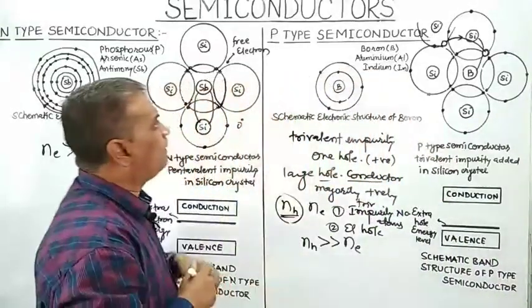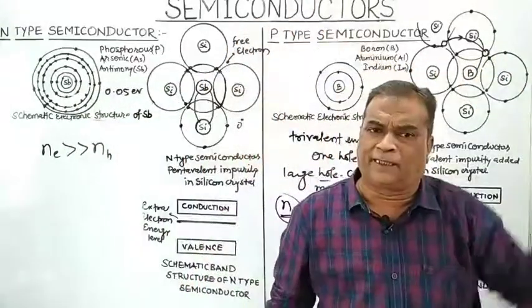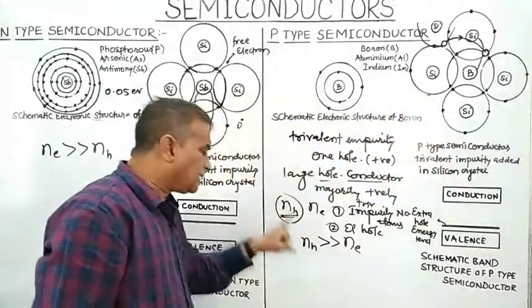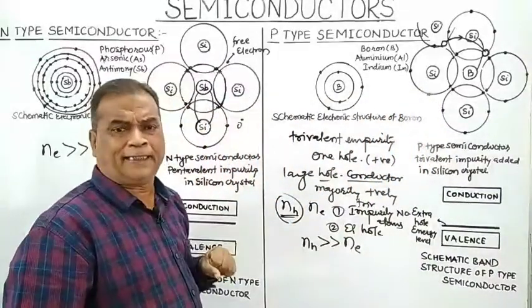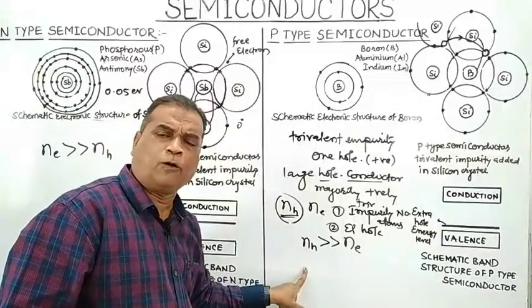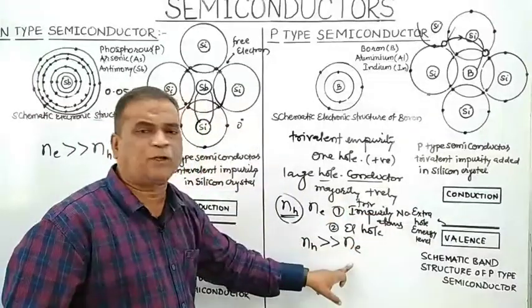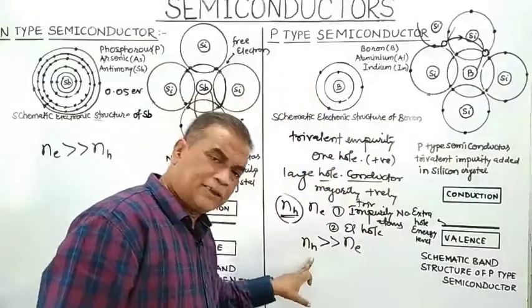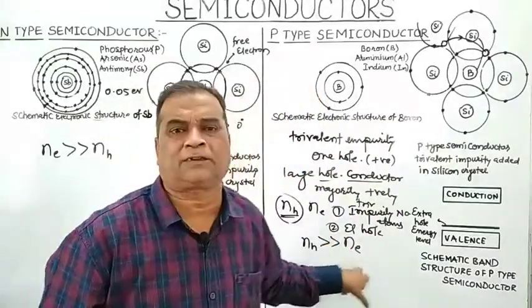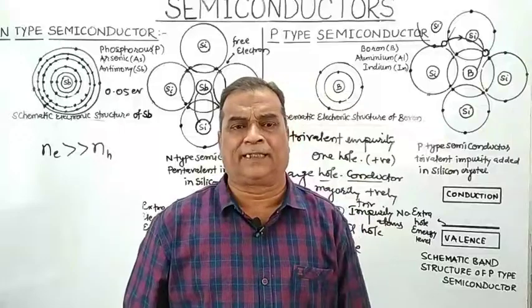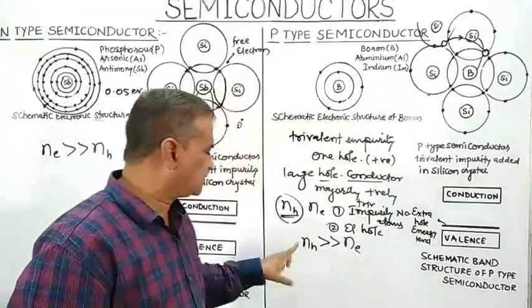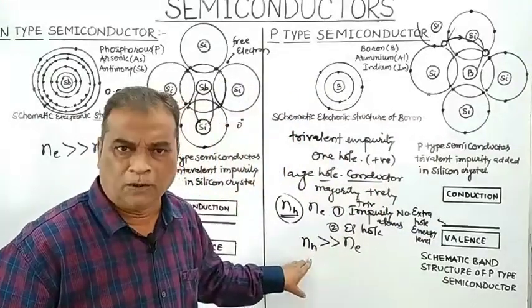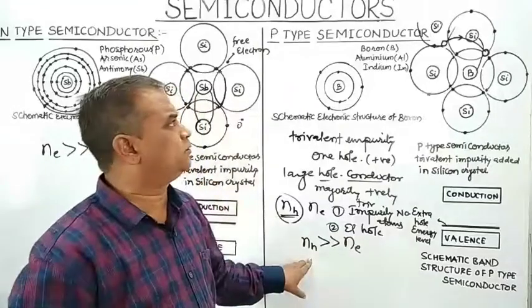So remember, in case of p-type semiconductor, NH is much greater than Ne, means the number density of holes is much greater than the number density of electrons. Holes are the majority charge carriers while electrons are the minority charge carriers, and the conduction of electricity is mainly due to holes, which are the effective positive charges.